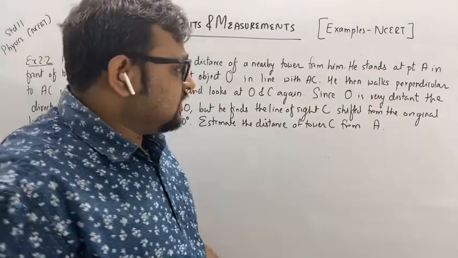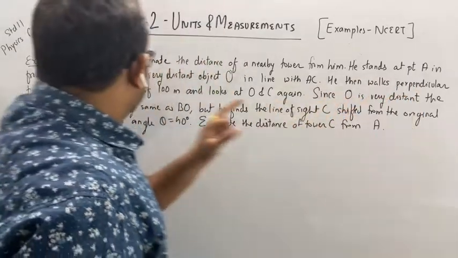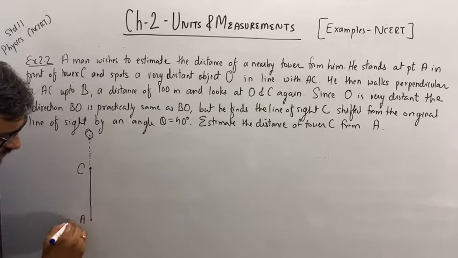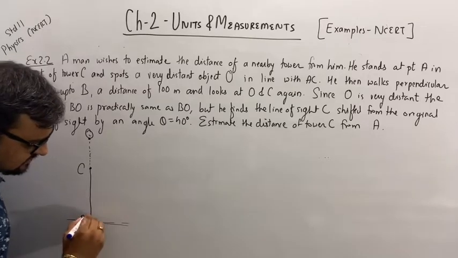Clear? Now, he then walks perpendicular to AC up to point B. This is AC, and this is the perpendicular direction, 90 degree.